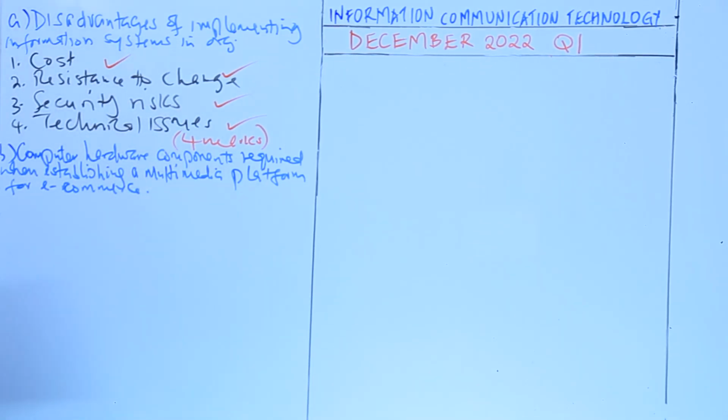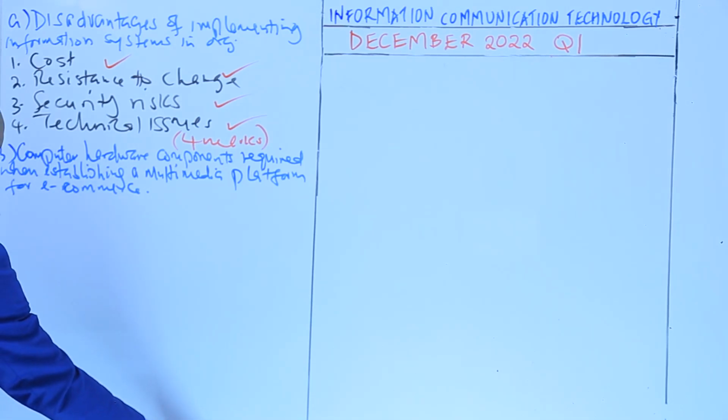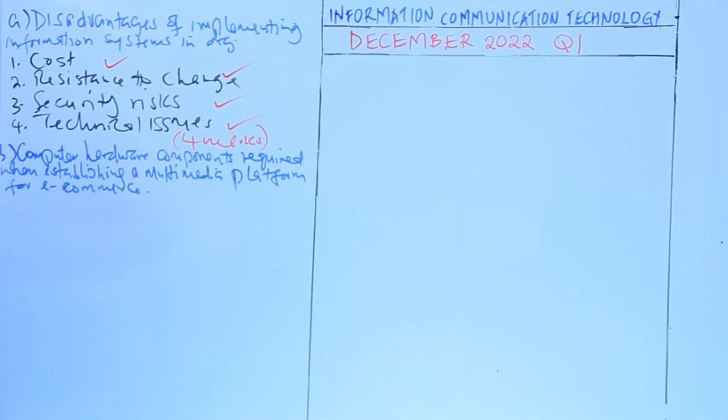Computer hardware components required when establishing a multimedia platform for e-commerce. The first hardware component is the central processing unit.